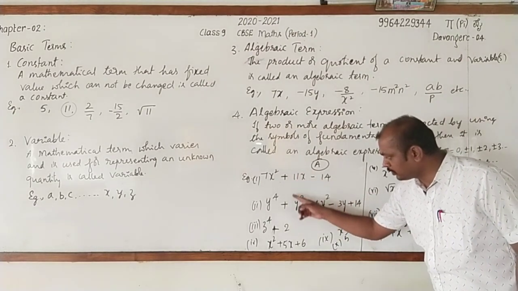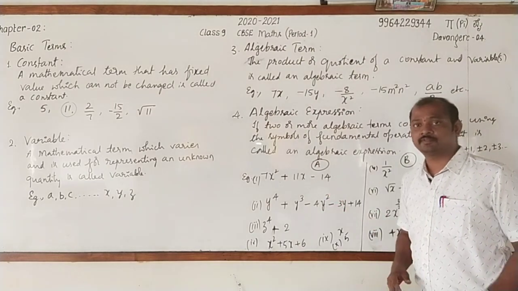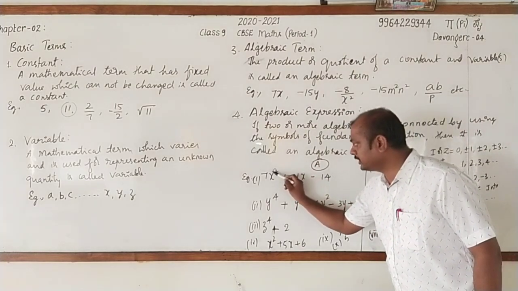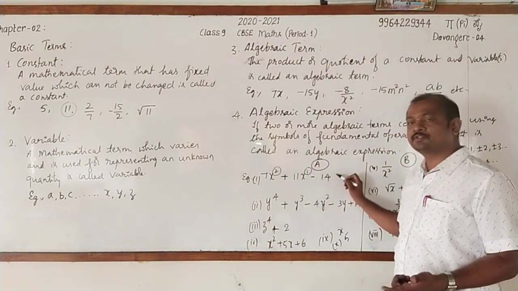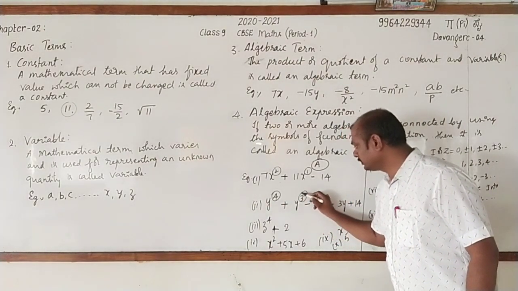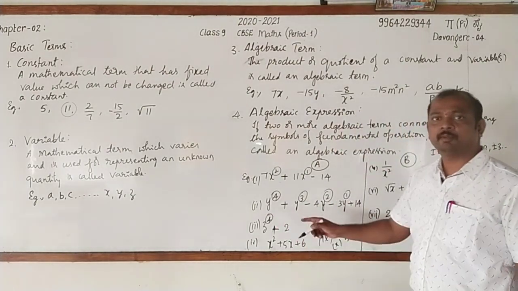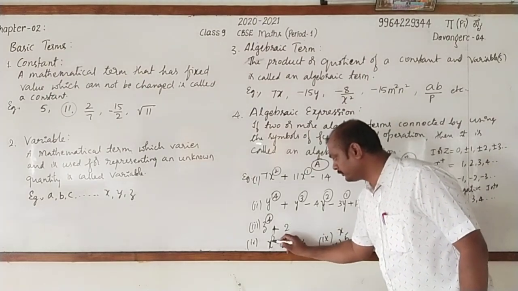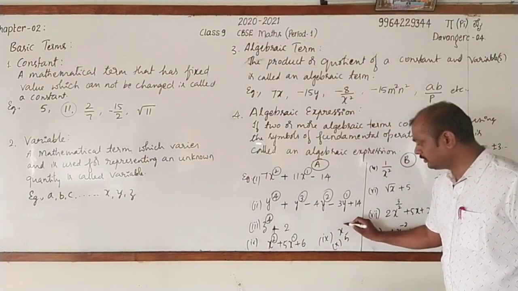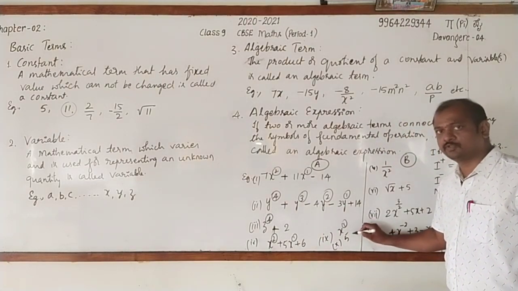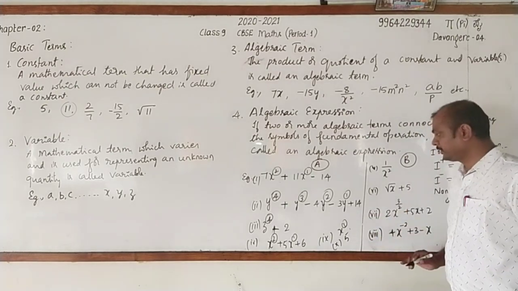Observe the variables involved in these, and also their powers. Here the power is 2, here is 1, here 0, because x raised to the power 0. This is 4, 3, 2, 1. Here the power of the variable z is 4, it is 0. This is 2, 1, then here 0, here 1, here x raised to the power 0, so power is 0. Clear?